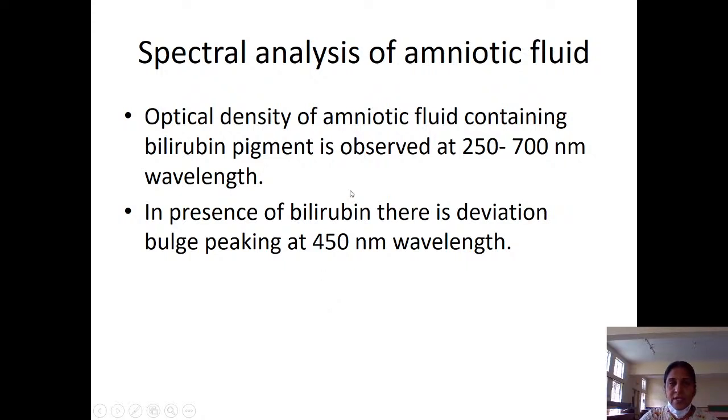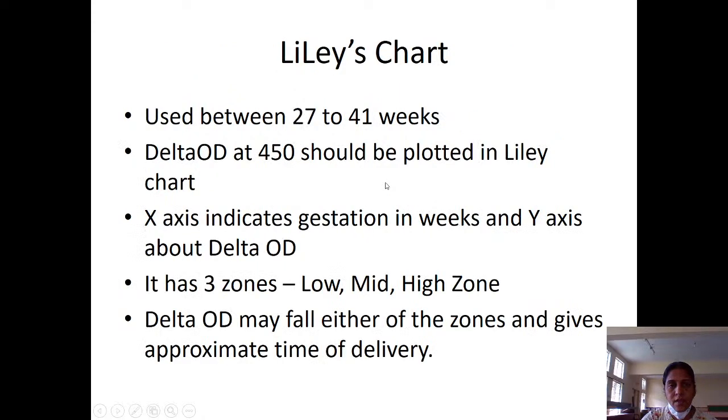How to do the spectrophotometry: the optical density of the amniotic fluid is measured between 700 wavelength, in the presence of a bulge at 450 nanometer. And then this is plotted in a chart that is called the Liley chart.